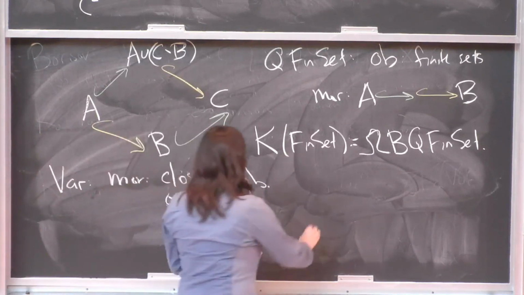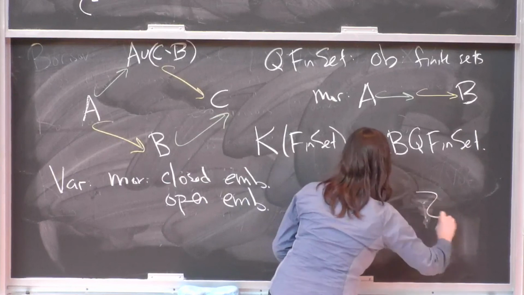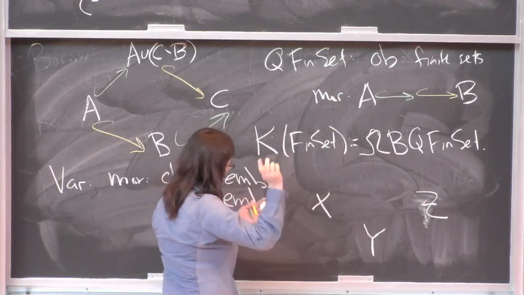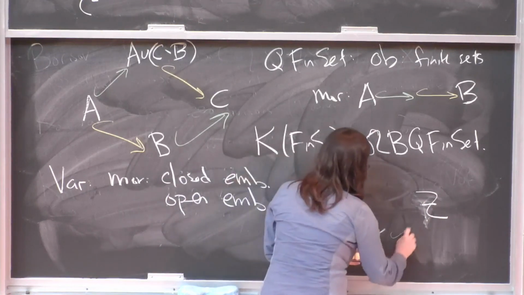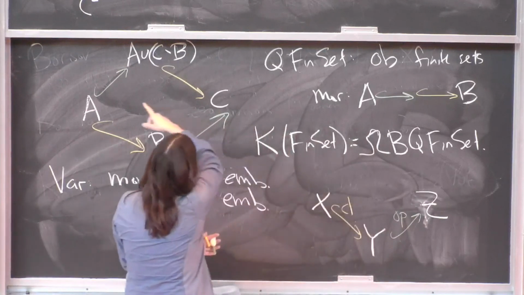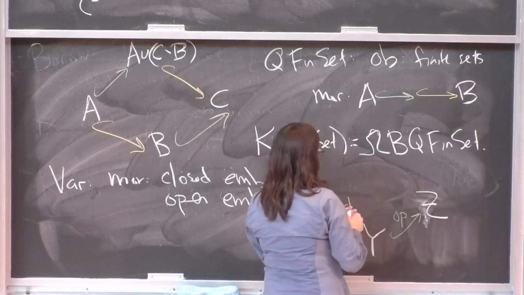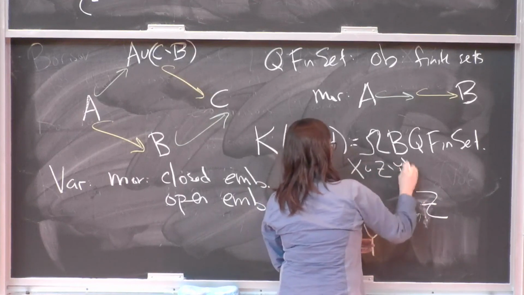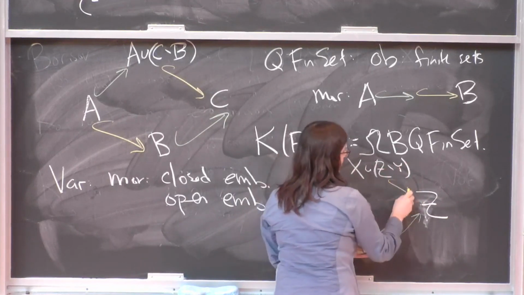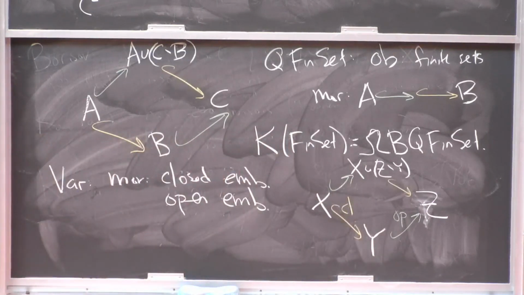If you have a closed embedding and you have an open embedding, we can actually write down the exact same formula. And you need to think of it as a subvariety of Z, which it is. And this works. This is going to be a closed embedding, and this is going to be an open embedding. And now you can do the exact same thing to define the K-theory of varieties.